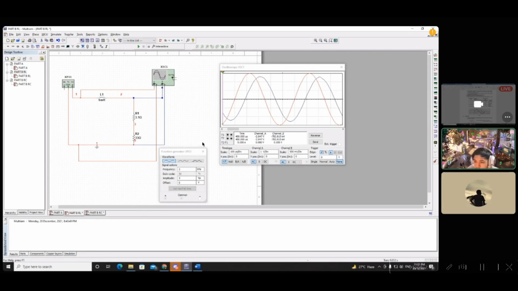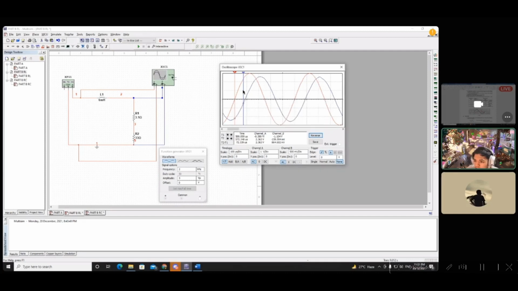The formula is the same as before: phase angle equal to y over d multiplied by 360. So you need to find the y first. Y is equal to the difference between the two signals. First, you use cursor one to find the intercept of the x value at this point. For cursor 2, you must change the trace first to be channel.